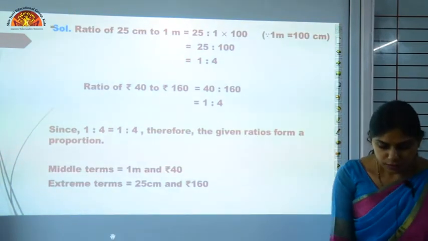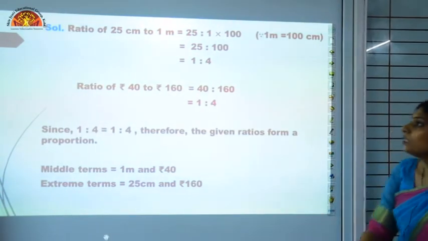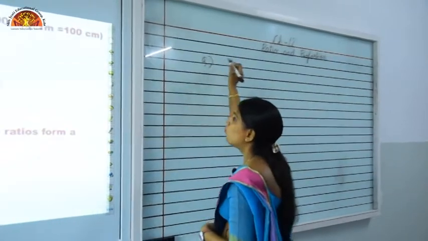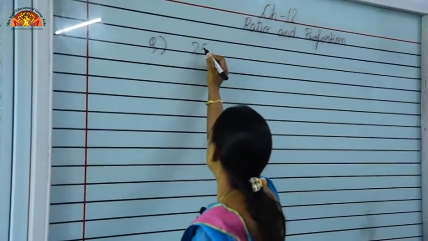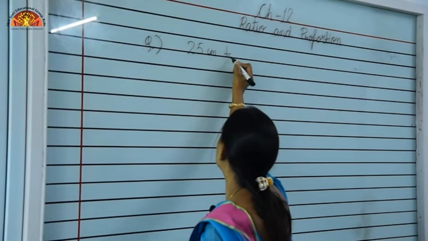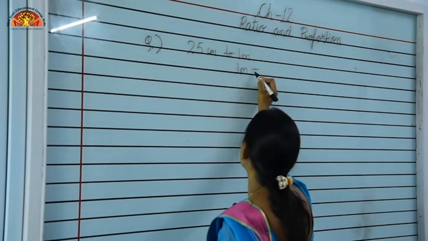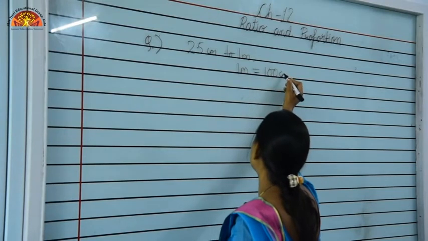So I will solve this question on the board, that is the ratio of 25 centimeters to 1 meter. As you know, 1 meter equals 100 centimeters.